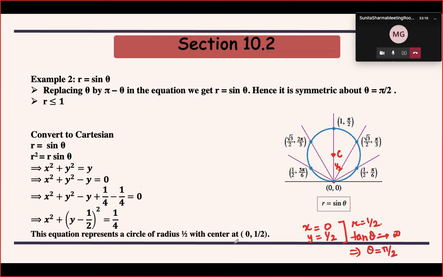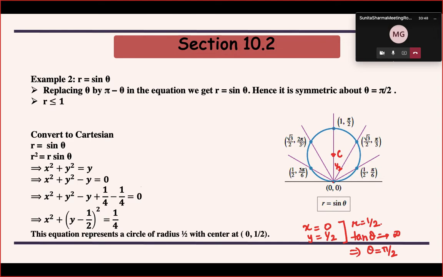So here you just have to interpret that if it is a circle with center at this in the Cartesian, what does it mean in the polar? Okay, so you just have to interpret this point in the polar system, and radius half would give you what, so accordingly you can mark your center and make the circle. Okay, so then there is no need to mark the points.